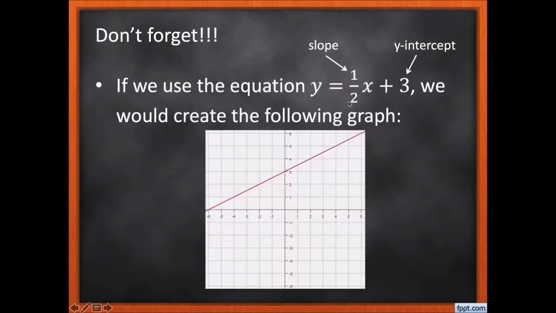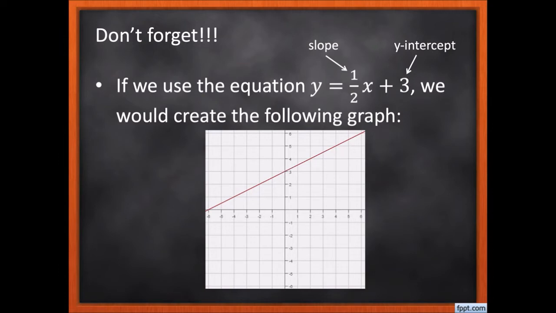So if we use the equation y equals 1/2 x plus 3, remember y equals mx plus b, so the b is 3, the y-intercept is 3. So what you do is you start at the point 3.